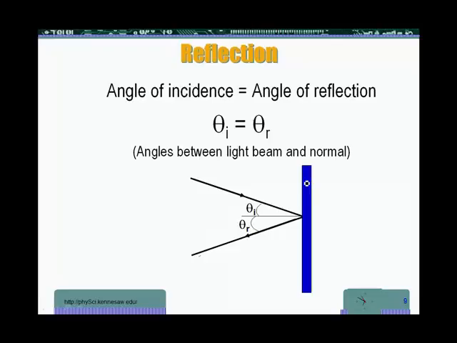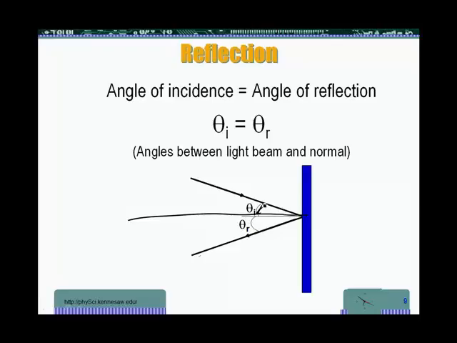Usually in physics, we don't measure the angle relative to the surface, we measure the angle relative to the perpendicular to the surface, relative to the normal to the surface. So this is my normal, and the angle relative to the normal would be this for the incident or incoming beam.